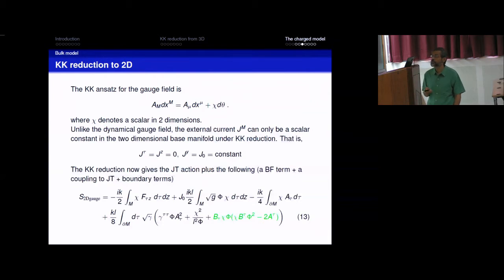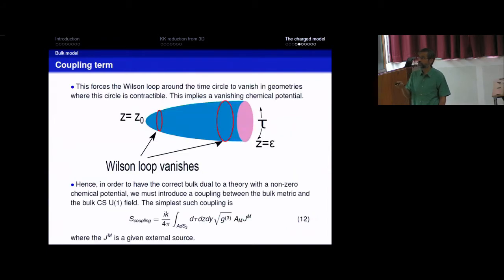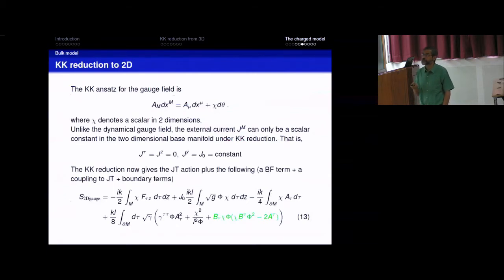Any one of them non-zero will spoil that symmetry. And J_Y has to be constant. So basically the entire content of this coupling, the external current, becomes just a constant.